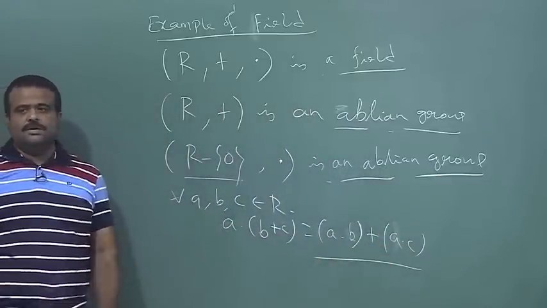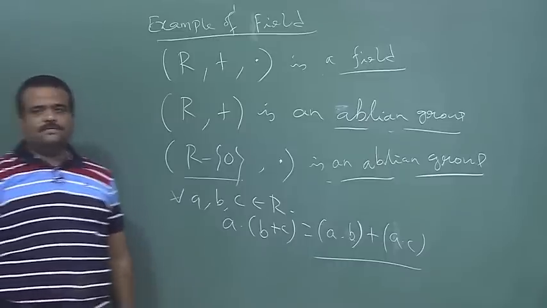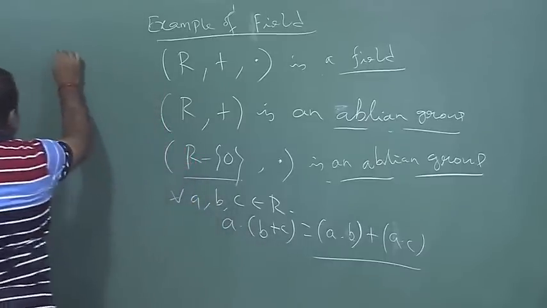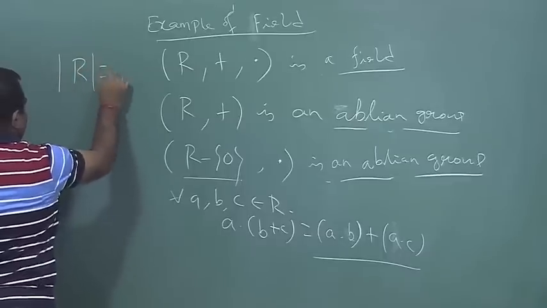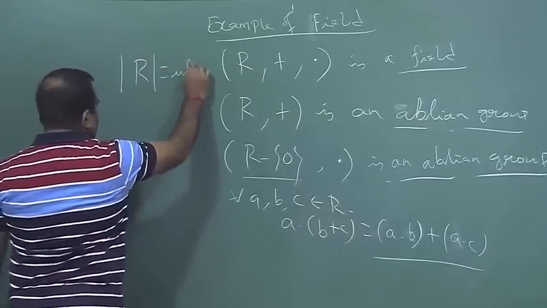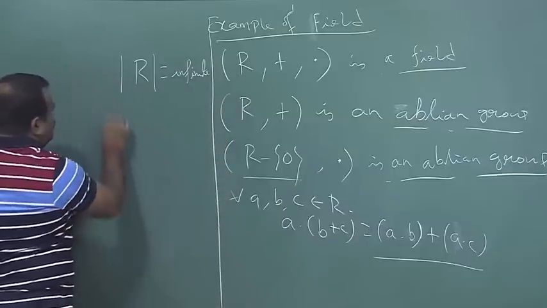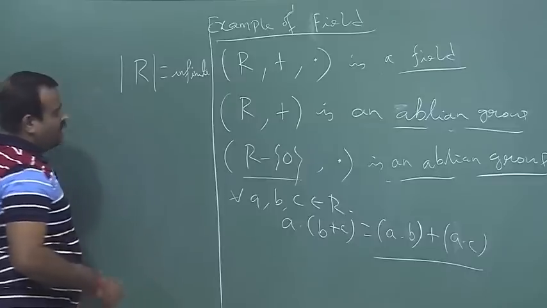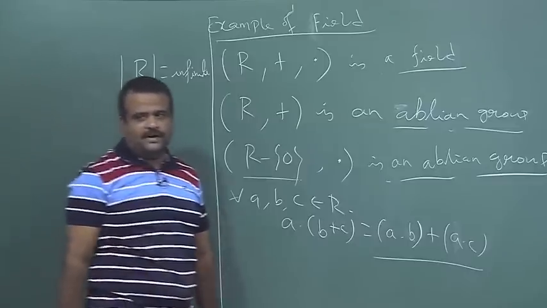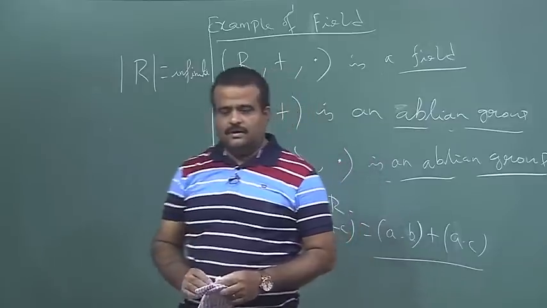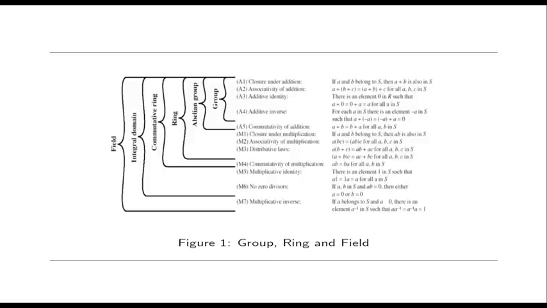So this is an example of a field, but it is an infinite field, because the cardinality of the real numbers is infinite. If the cardinality is finite, then it is called a finite field. We will talk about finite fields after talking about number theory.